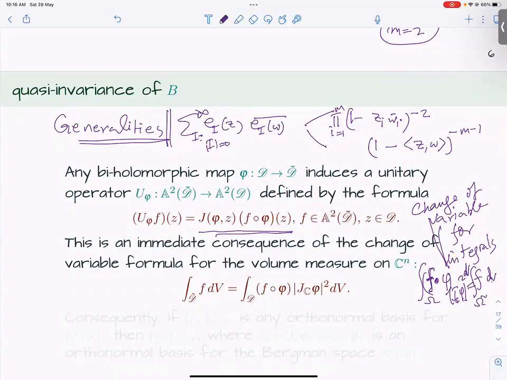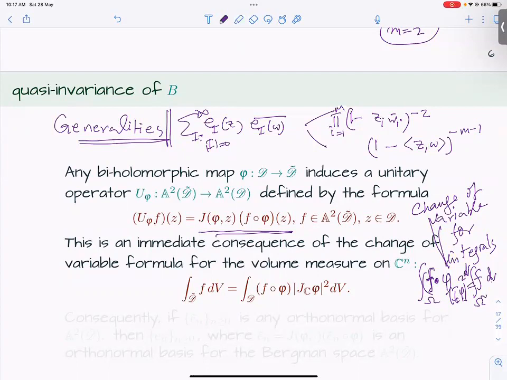What I mean by that is that if you have a phi that maps D to D tilde, which is biholomorphic, then to find the integral of f composite phi, you have to adjust the volume measure. Essentially, the volume measure in the domain D tilde is related to the volume measure in D by this determinant of the Jacobian.